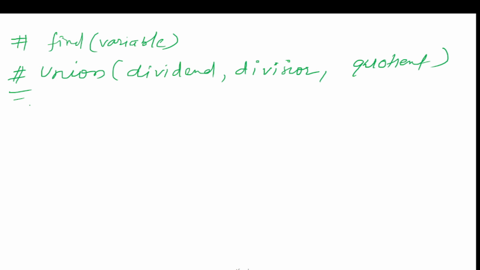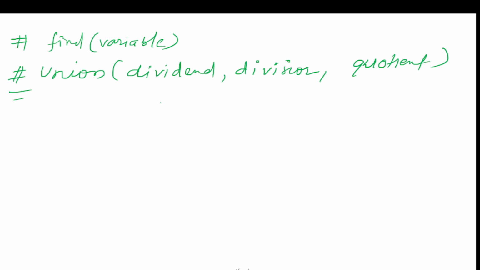So this function will attach the group of the dividend to that of the divisor, if they are not already in the same group, right? In addition it needs to update the weight of the dividend variable accordingly, so that the ratio between the dividend and divisor is properly updated.